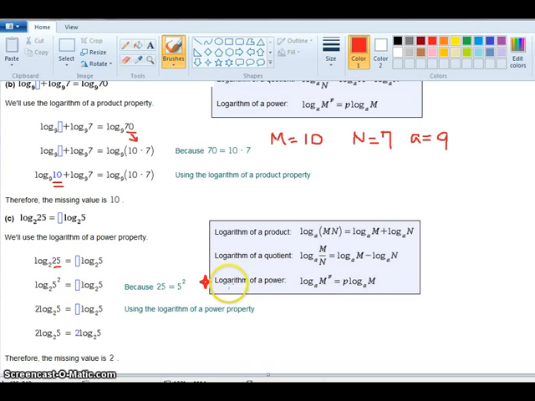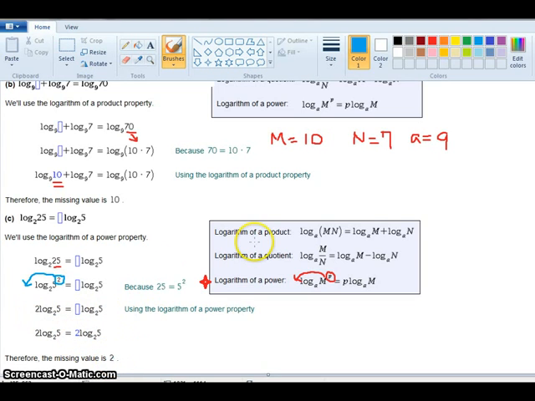According to the logarithm of a power, log a of m to the p, we can bring this p to the front, so we have p multiplied by log a m. This 2 right here we can bring to the front, so we have 2 times log 5 is equal to something times log 5. So the missing value is just 2.